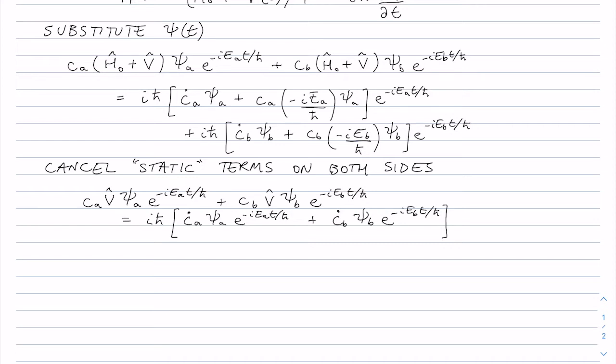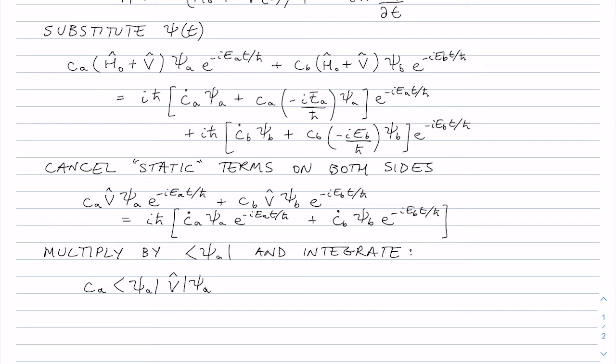And now what we're going to do is our old trick. You multiply by the bra and integrate. And so that gives us CA, psi A, and I'm just going to write the V psi A as a ket, with my phase factor still intact. Unfortunately, these phase factors matter.